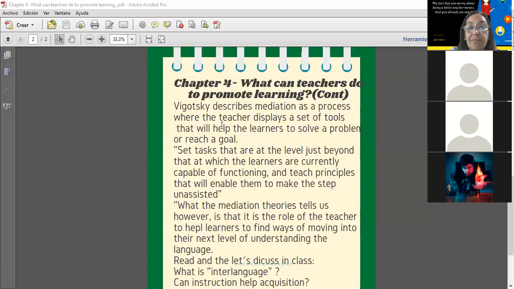Mediation, tools, solve a problem, reach a goal. Key concepts, key words, stepping stones. What were the tools in this potential lesson that you were going to give? What goals have you set?